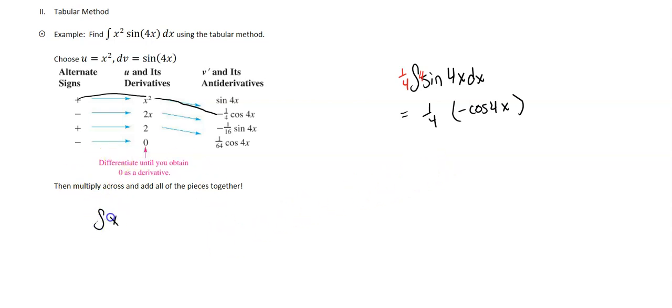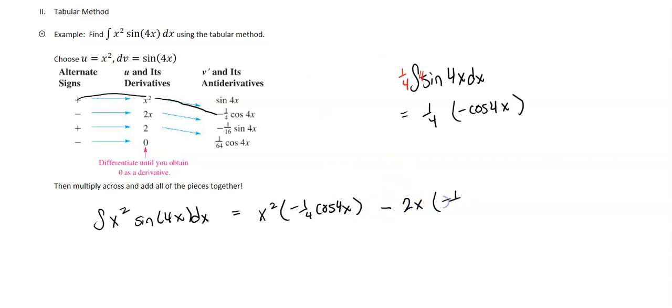So the integral of x squared sine of 4x dx is going to be positive x squared times negative 1/4 cosine of 4x, minus 2x times negative 1/16 sine of 4x, plus 2 times 1/64 cosine of 4x, and don't forget plus c.